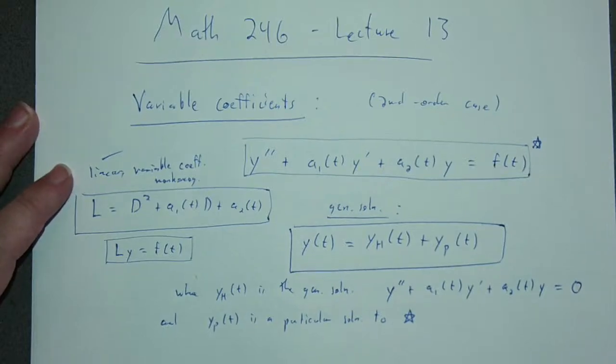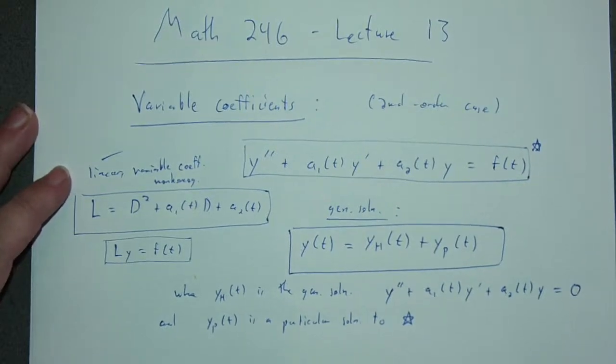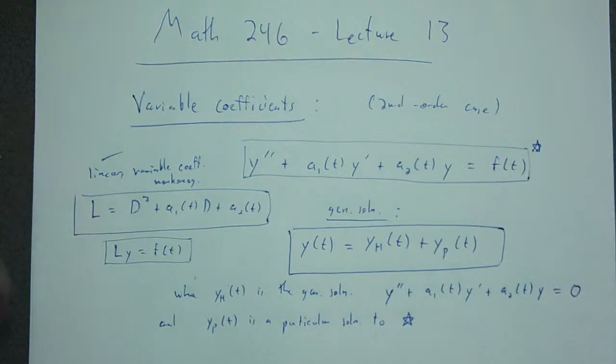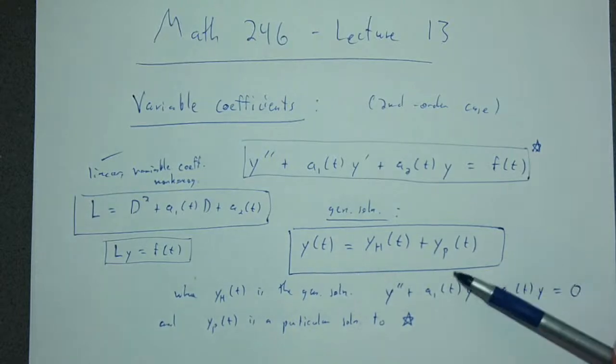But in this case, there's a slight issue. When using undetermined coefficients or key identities, finding the homogeneous solution was really easy. In terms of the total amount of work, writing out the homogeneous solution was maybe 5% of the work, where finding the particular solution was 90 to 95% of the work.